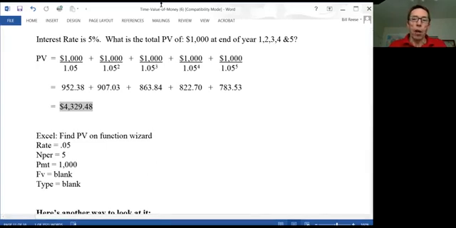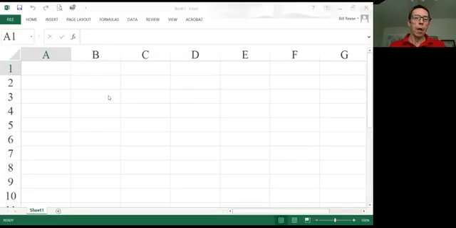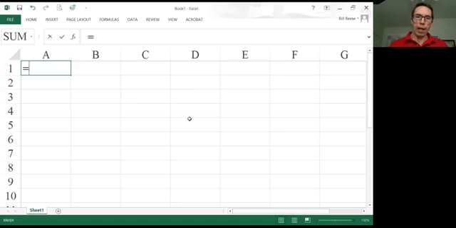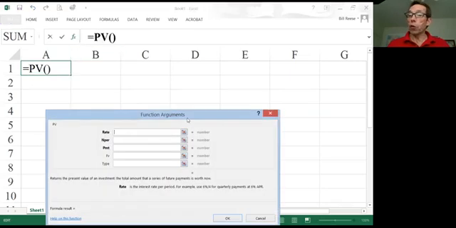Now, if we want to do this in Excel, we're going to introduce now the payment function in Excel. So let's bring up Excel here. There we go. So what we're going to do here is we're going to say, again, equals PV for present value, put our bracket in there, and we're going to save ourselves a little bit of time here with the use of the PMT function.